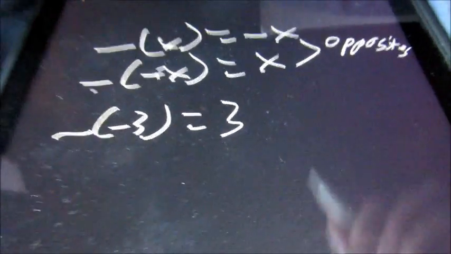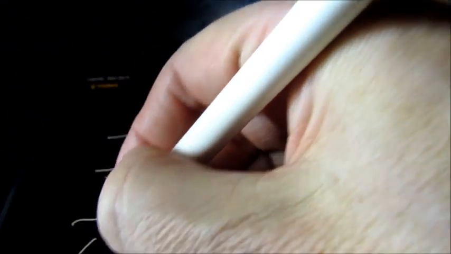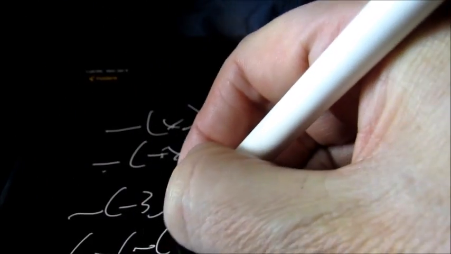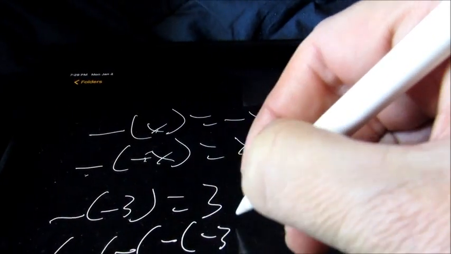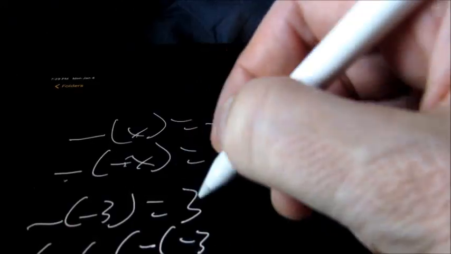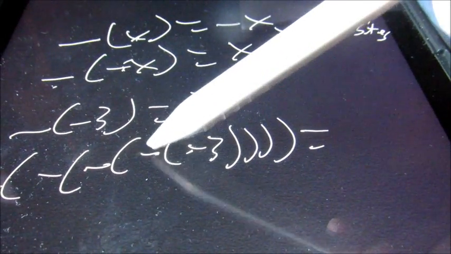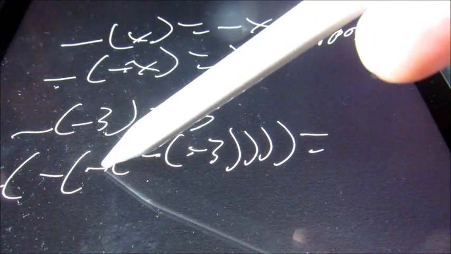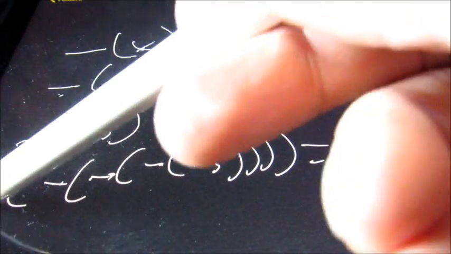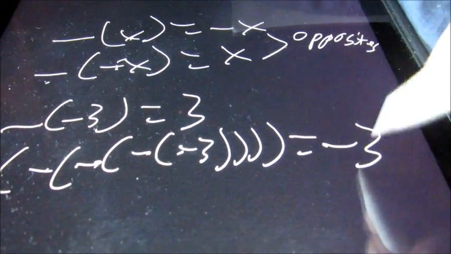But let's say we have negative, negative, negative, negative, -3. 1, 2, 3, 4. What does this equal? So let's just go backwards here. We have negative times negative is positive, times negative is negative, times negative is positive, times negative -3.